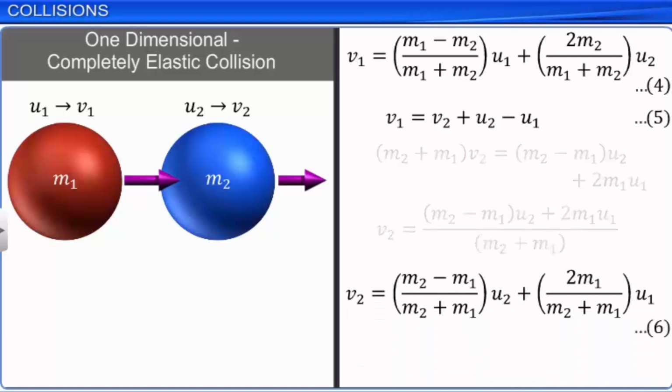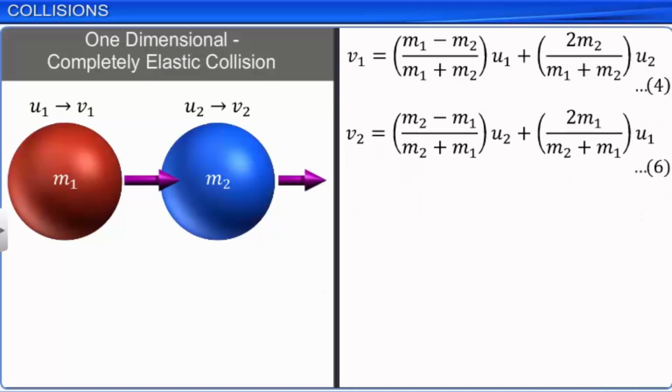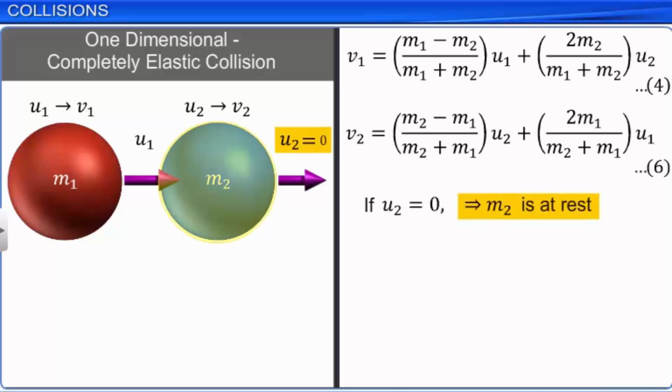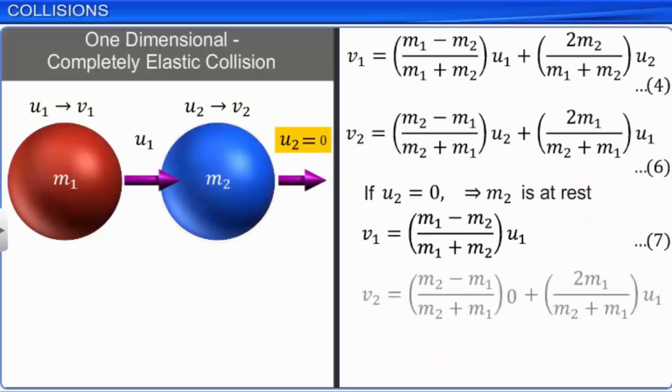As a special case, if we assume that m2 was at rest before the collision, then u2 will be 0 and v1 reduces to v1 = (m1 - m2)/(m1 + m2) u1. Let this be equation 7. And v2 = 2m1/(m2 + m1) u1.